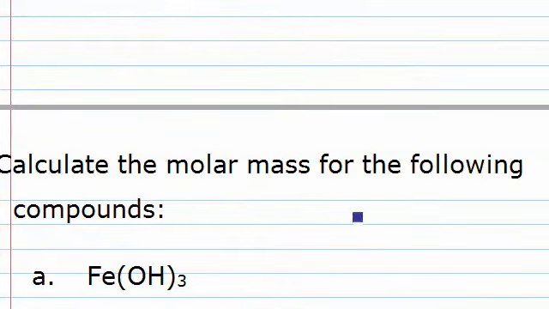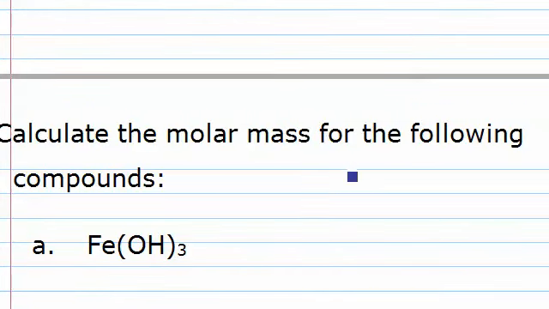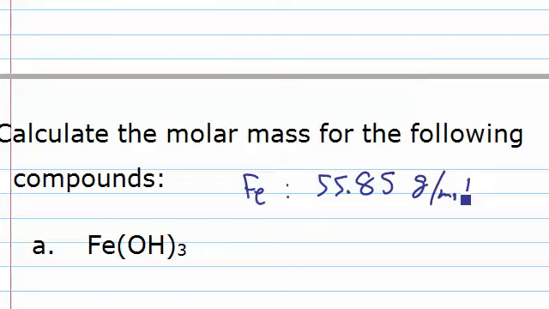Okay, let's do two more examples here. And we're going to look at some polyatomic ion-containing compounds. So here we have ferric hydroxide, or iron 3 hydroxide. In 1 mole of ferric hydroxide, there is 1 mole of iron, and iron has a molar mass of 55.85 grams per mole. We again find that on our periodic table.